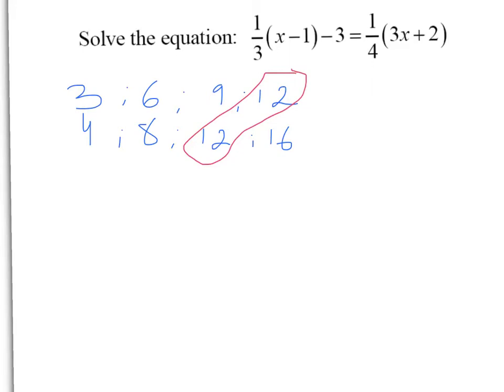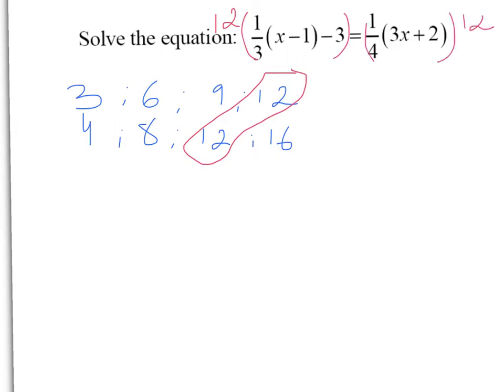So we can multiply by 12 on both sides, because if we multiply by 12 here, we multiply by 12 here as well.